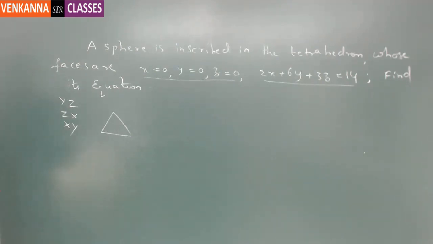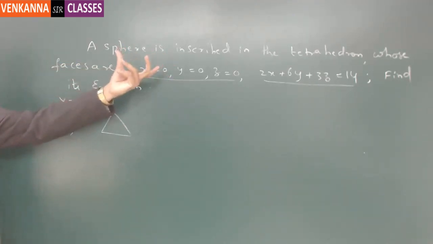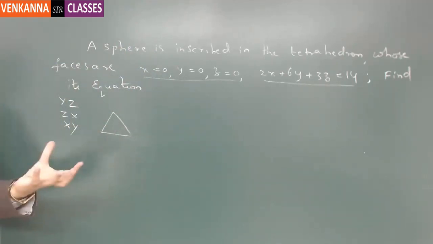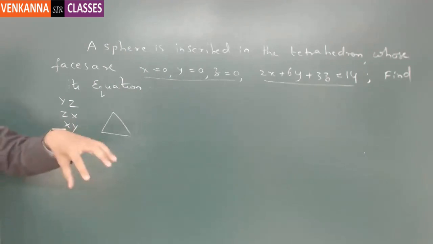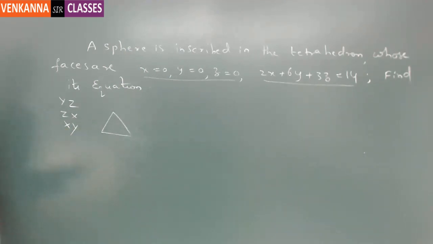Is the thought process clear to all? Any doubts to anyone? Obviously, when you are inserting, the sphere touches the inner faces of the tetrahedron. It is just like keeping a sphere in a box so that it is exactly fitted in that box.